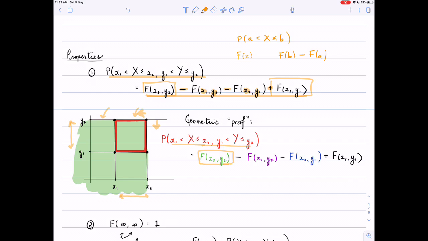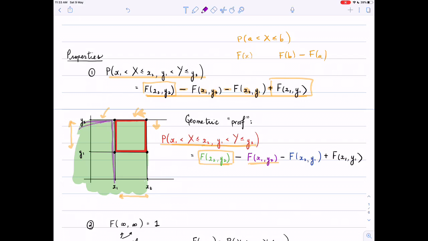Now, I don't want that entire region. I only want the square that's in red. So I have to subtract off some stuff. If I subtract off the bit in purple, then I am subtracting off to the left of x1 and below y2.